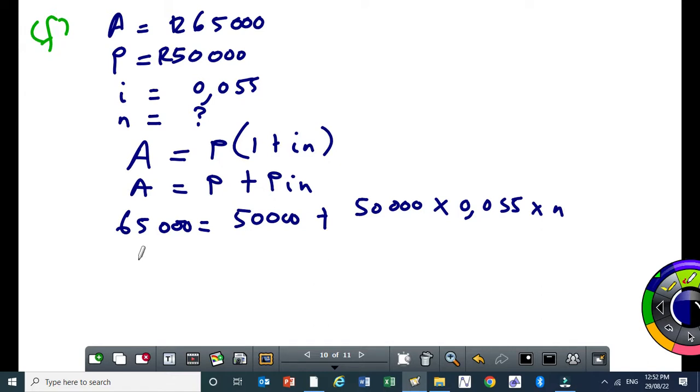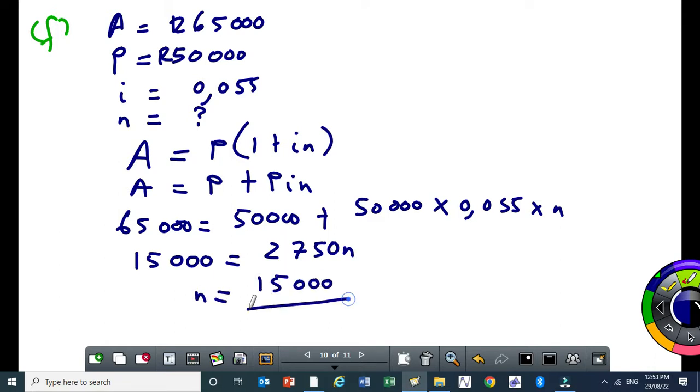If you do that, you get 15,000 is equal to 50,000 times 0.055, which is what? 2,750 n. Am I right? Then obviously we have to divide both sides. So n is going to be 15,000 divided by 2,750.